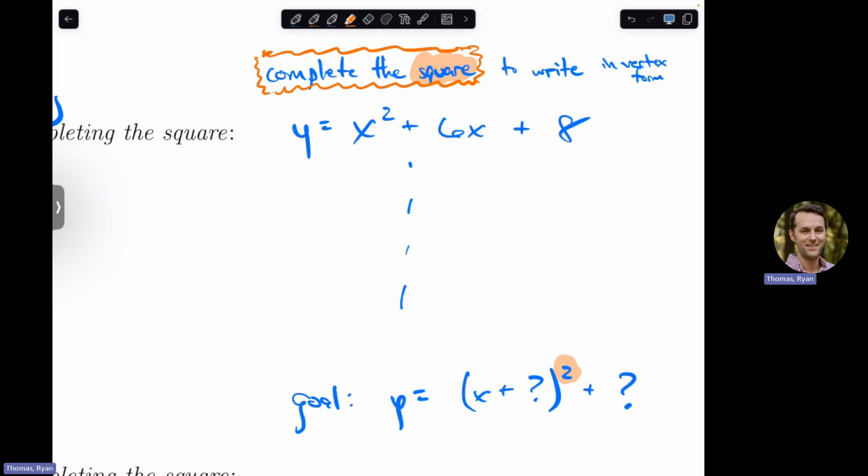To make this happen, let's think about what happens when you expand a perfect square. Just a sort of footnote aside: if I take x plus 5 and square it, that means multiply it by itself. When you multiply it by itself, distribute everybody, right?